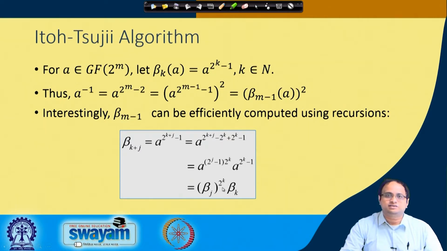Depending upon whether j is small or k is small, I can write the form accordingly. If k is small, then I will write in this form. If j is small, then I will write this as beta k whole to the power of 2 to the power of j multiplied by beta j, which is also correct.